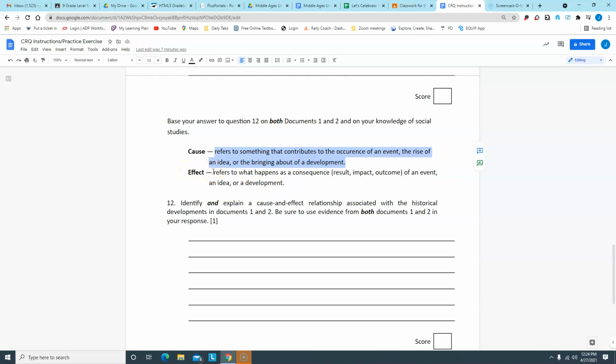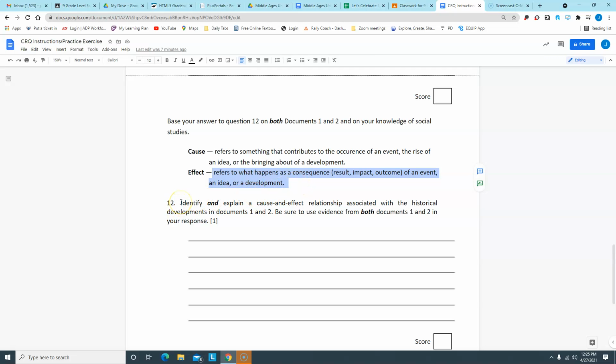An effect refers to what happens as a consequence: a result, impact, or outcome of an event, an idea, or a development. You can see how these terms are related. You have a cause, something that brings about a development, and an effect, something that is the result of a development.